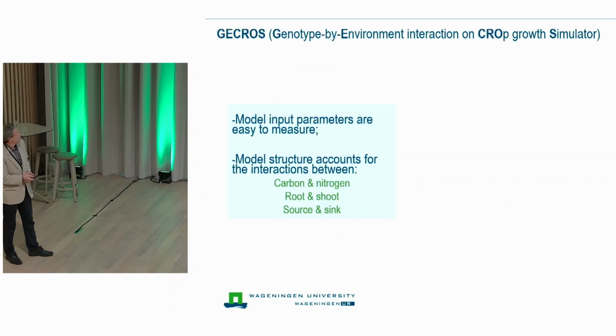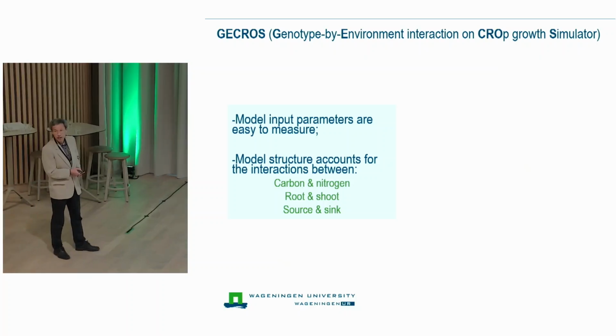and therefore it is not very amenable for a large number of genotypes in a genetic population. Therefore, we defined the so-called GECROS model, in which the model parameters are defined in such a way that they are easy to measure. The model structure was also designed to account for the interactions among components, such as between carbon and nitrogen, between root and shoot, and between source and sink.